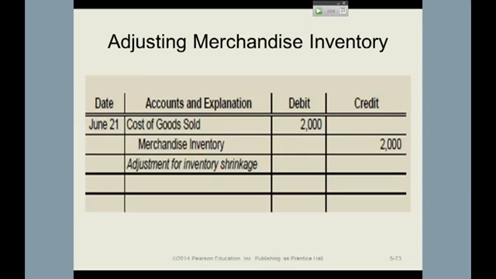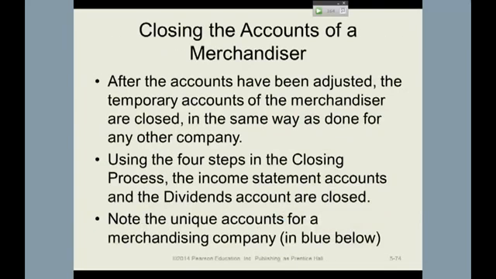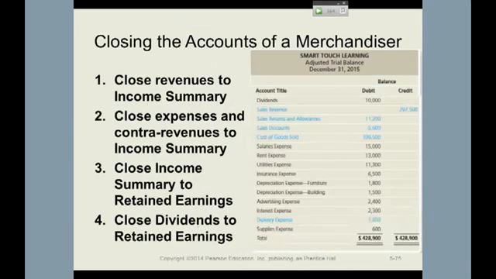All right. Now, the closing entries, again, are the same four closing entries, but the items that are in blue are unique to a merchandising company. You have sales revenue, the contra accounts, sales returns and allowances, sales discounts, cost of goods sold, and way on the bottom, the delivery expense or freight out. These would be closed in the regular way.